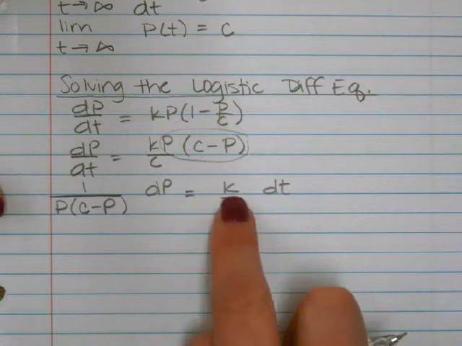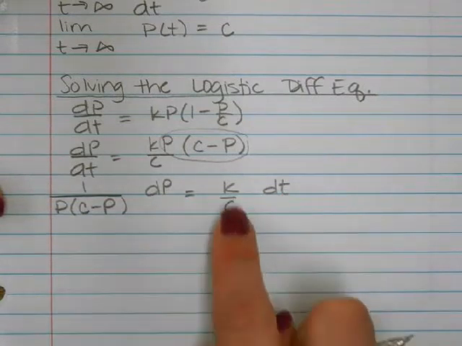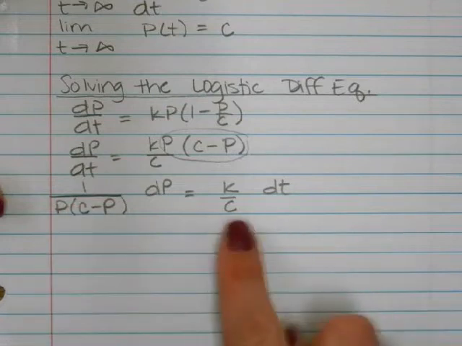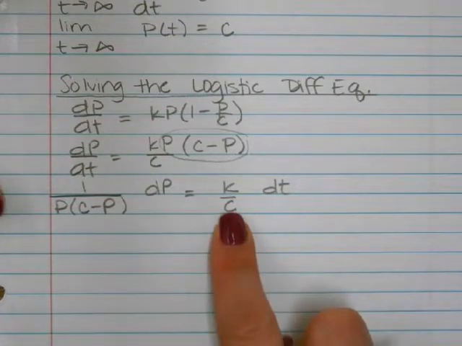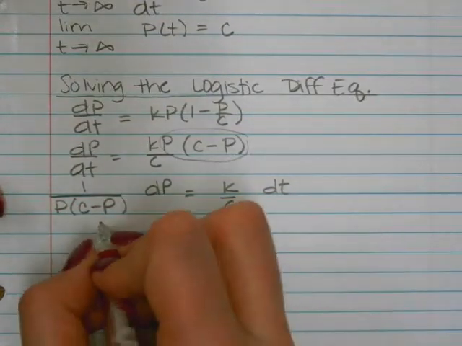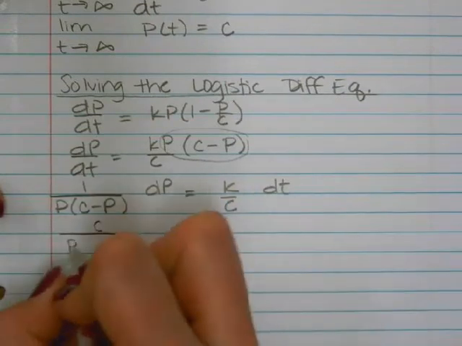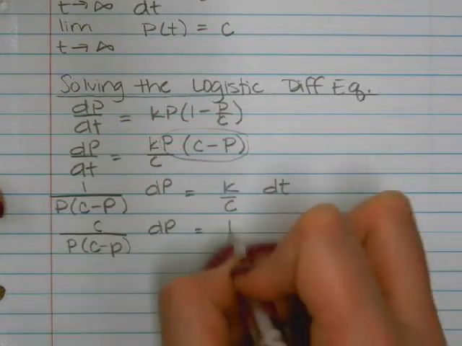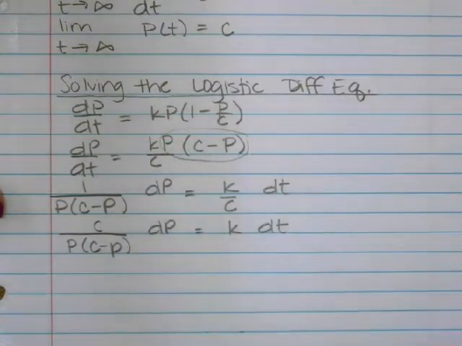Now the k can stay with the dt, I'm okay with that, but C is the carrying capacity, so I'm actually going to move that over as well. To move that over, I have to multiply it over. That gives me C over P times (C minus P) dP equals k dt.